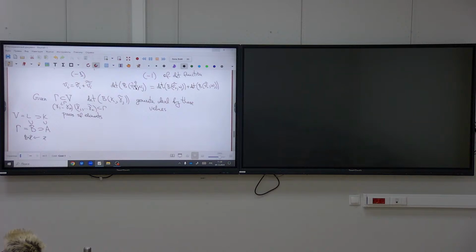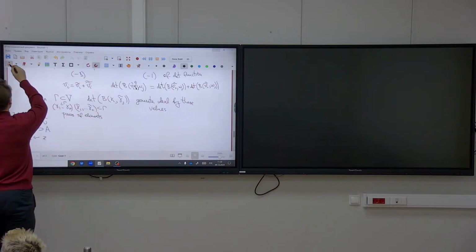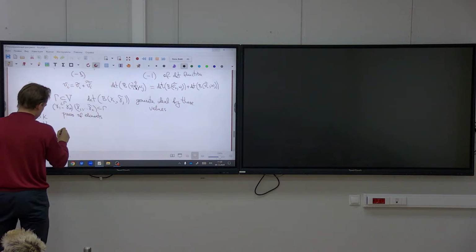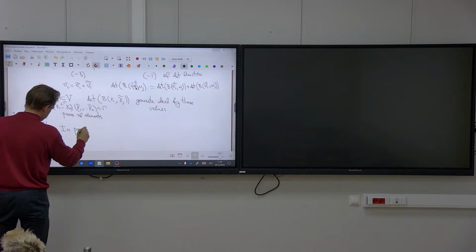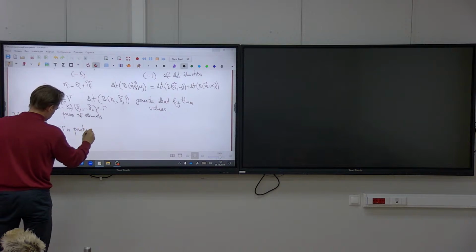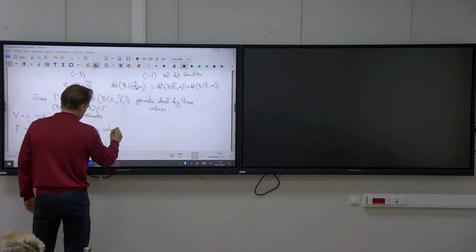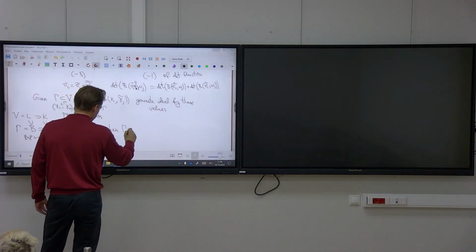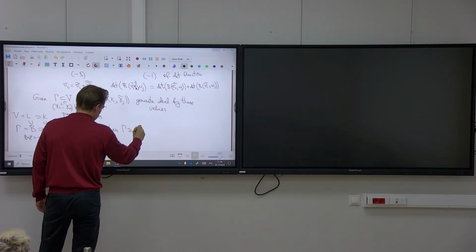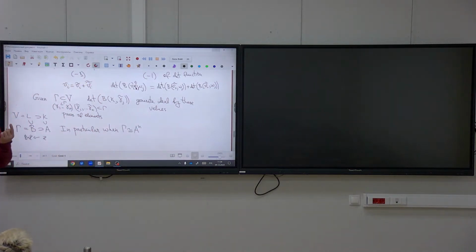So let me write this down. In particular, when gamma is free, when gamma is isomorphic to A^n, you can pick only one basis.